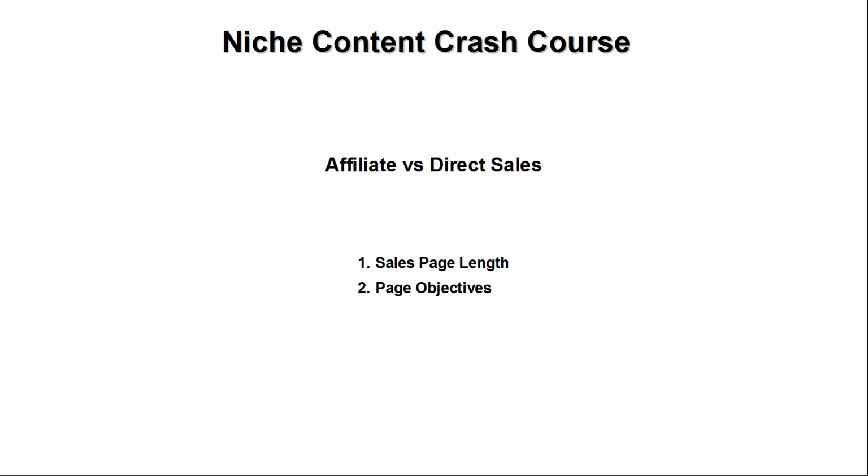The main reason for this is basically the goal of the page. You're still trying to sell a product with either of these types of pages. However, the goal of your actual website can be quite different with these two types of pages. With an affiliate review page, you're still trying to sell the product, but you don't have to actually completely convince somebody to buy that product directly on your review page.